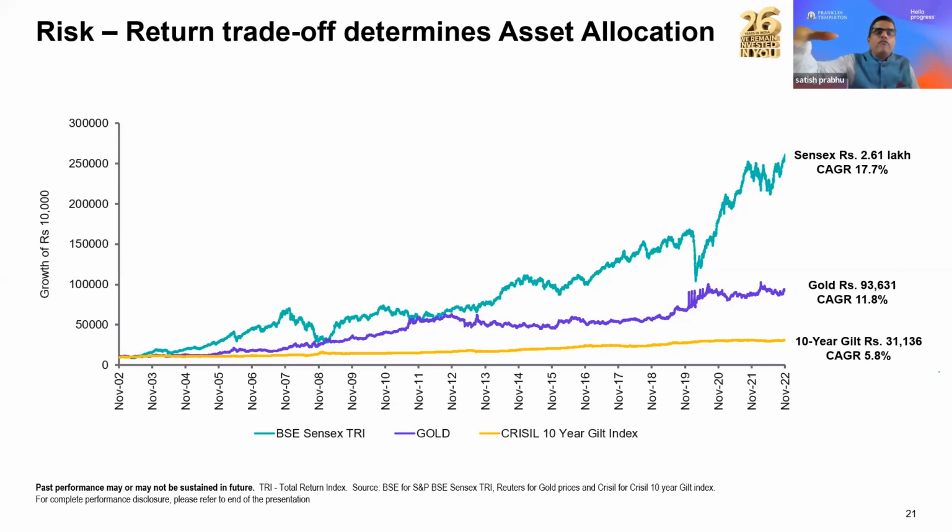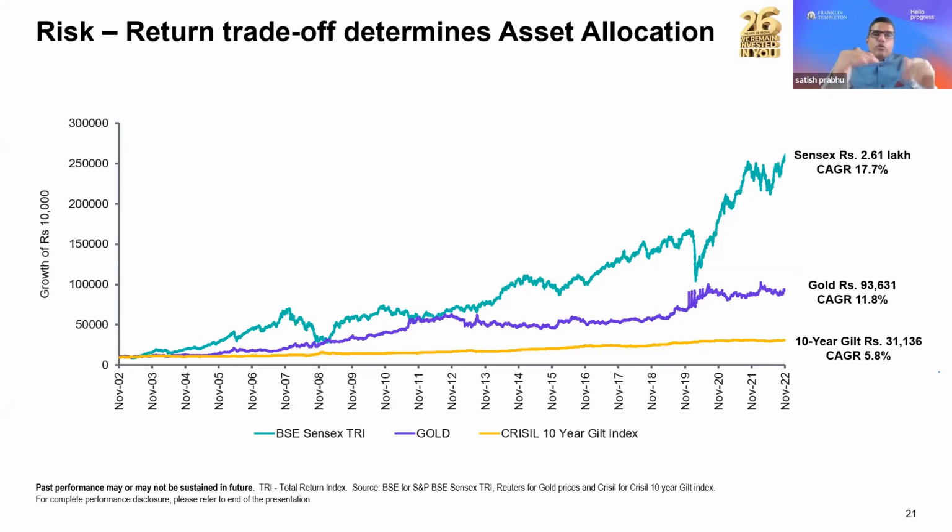In a period of 20 years, equity has given you almost 18% returns, and I'm talking about the Sensex. Some of the mutual funds would have given you returns of more than 20%. Gold has given you around 12% returns, which is lower, but the fluctuation in returns is also lower. It is not as low as debt or bonds, though. 10-year government bonds have given you only 6% returns.